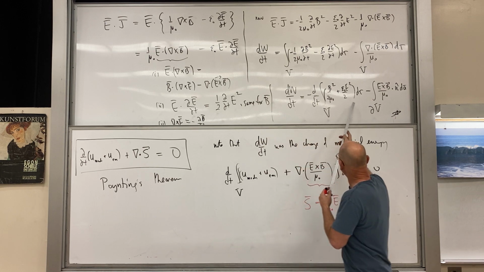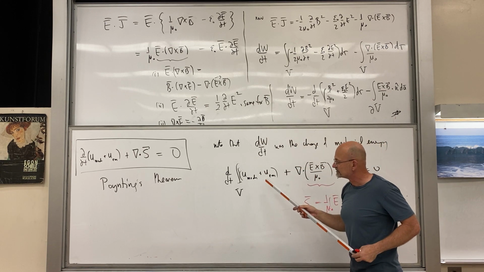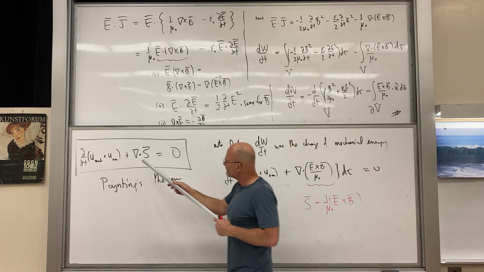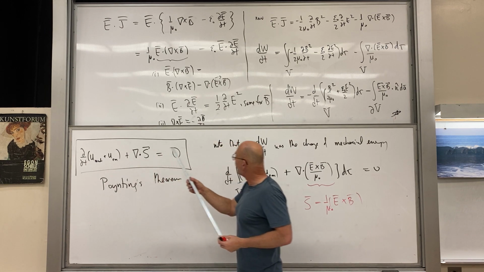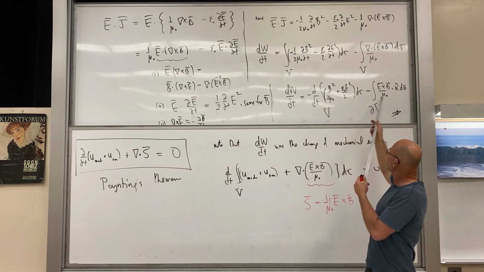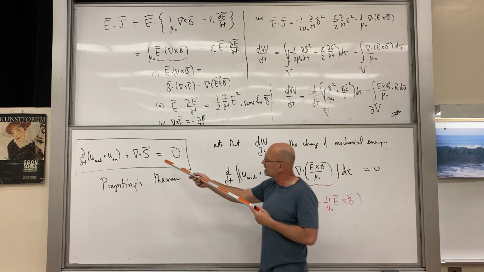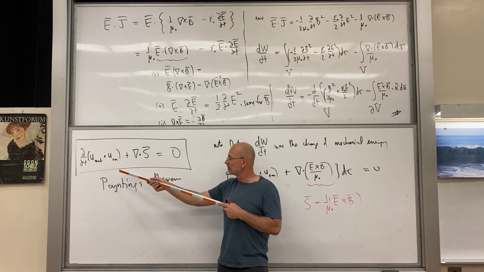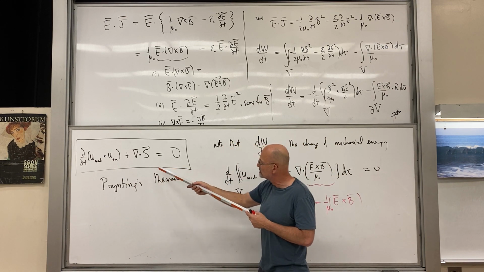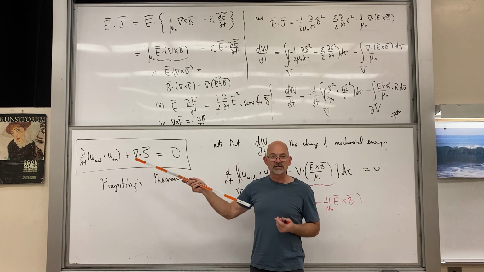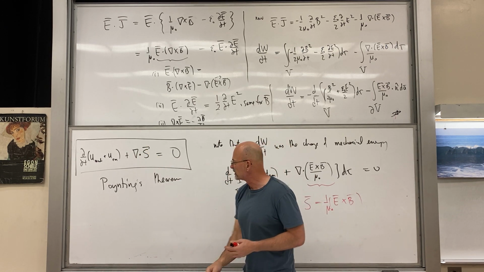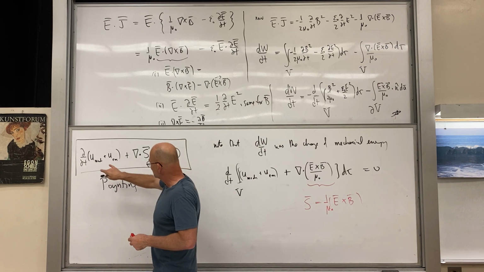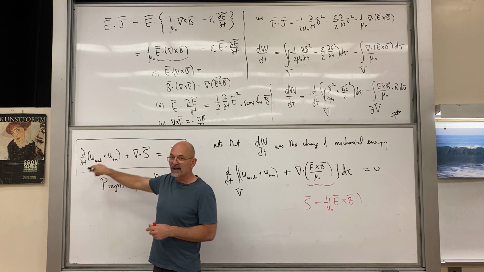Electromagnetic contribution, again, this expression right here, and the change of those locally, or you can integrate it over a volume and talk about the flux, but the change of these locally is just another continuity equation. So instead of conservation of charge, we have here a conservation of energy. It's a conservation of energy, and it's mechanical and electromagnetic.